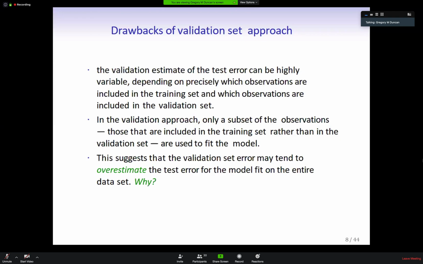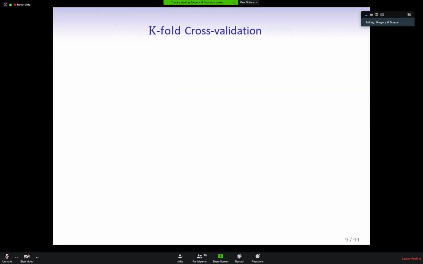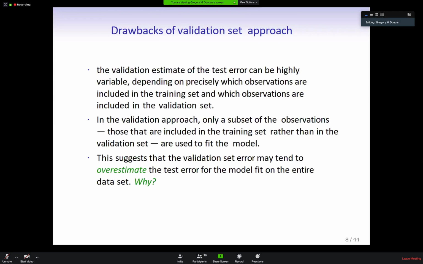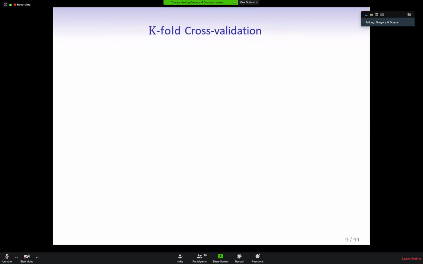It's because you have fewer observations in training than you would have if you used the whole data. So we tend to overestimate the test error relative to a model fit on the entire data because we have fewer observations.